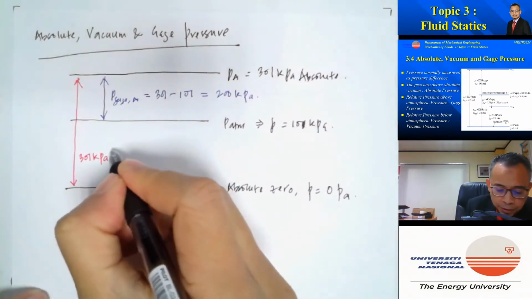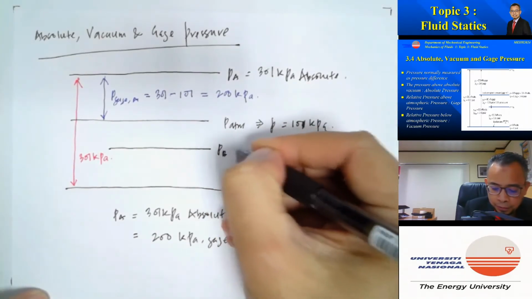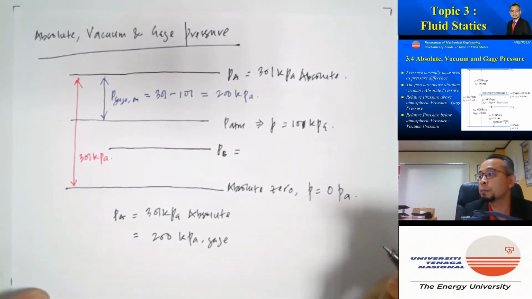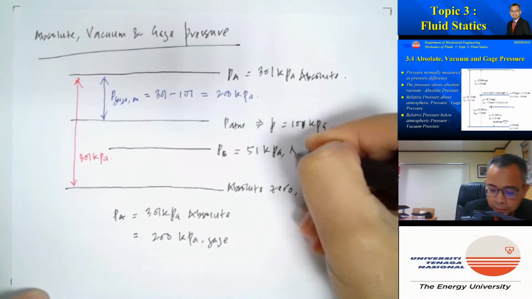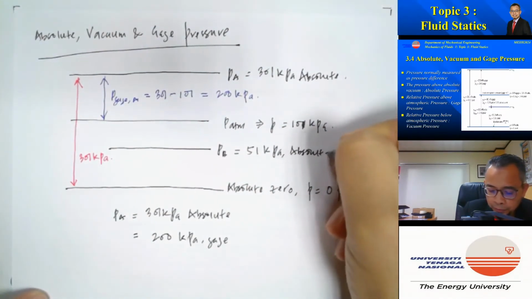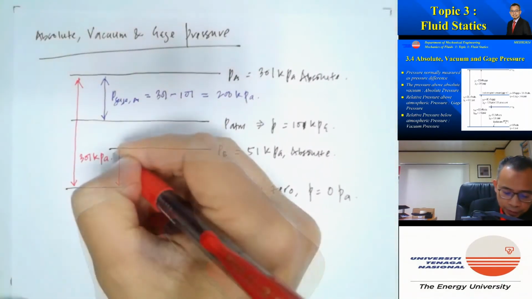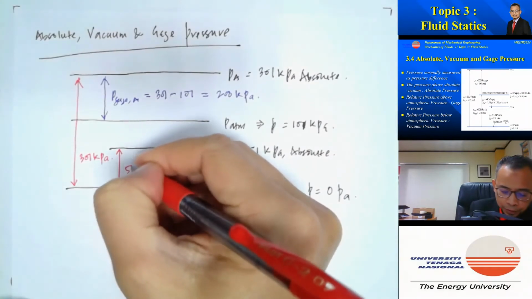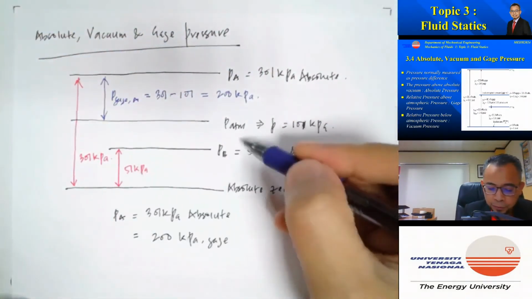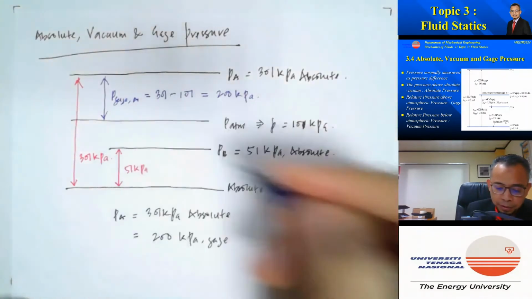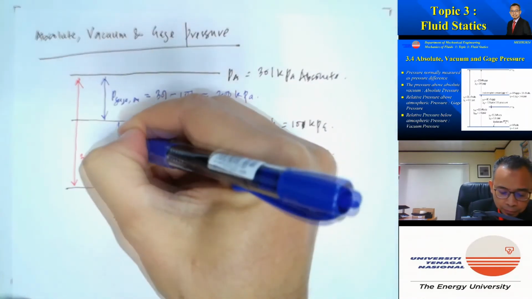So let's say PB. PB is here. So PB is equal to 51 kPa absolute. So we can define, this height is equal to 51 kPa, and the difference between PATM and PB, whereas PB is actually lesser than PATM.